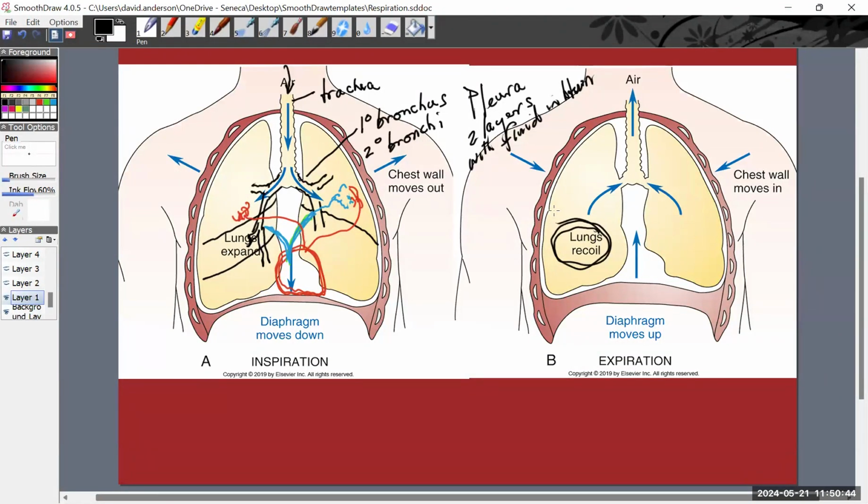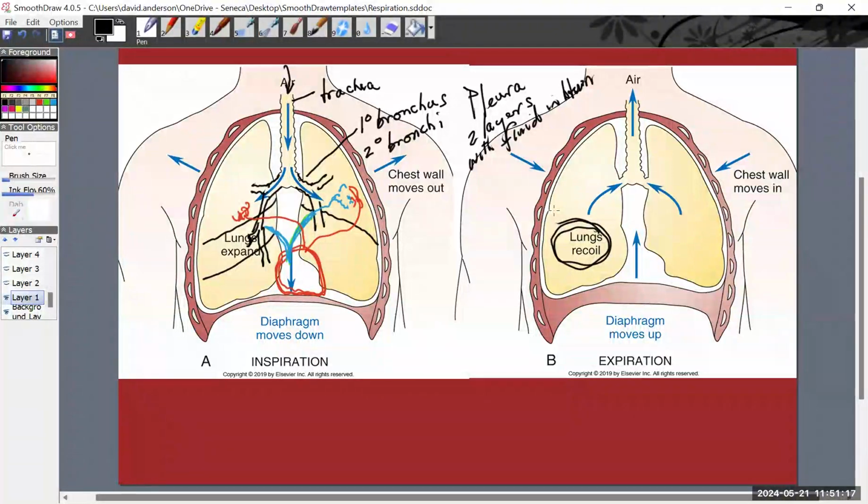And so a lot of the structural component of the lung tissue is going to be made from elastic fibers that give us that ability to recoil. And then the surfactant helps to prevent collapse of the alveoli. So those are two big features that give the lungs their characteristic ability to expand and retract as we change the dynamics of the thoracic cavity.